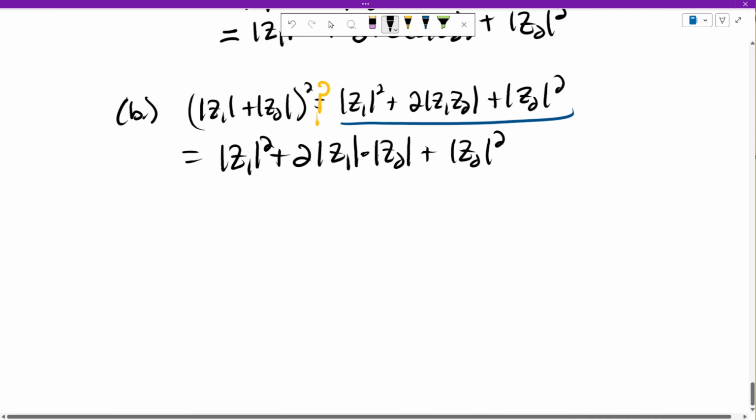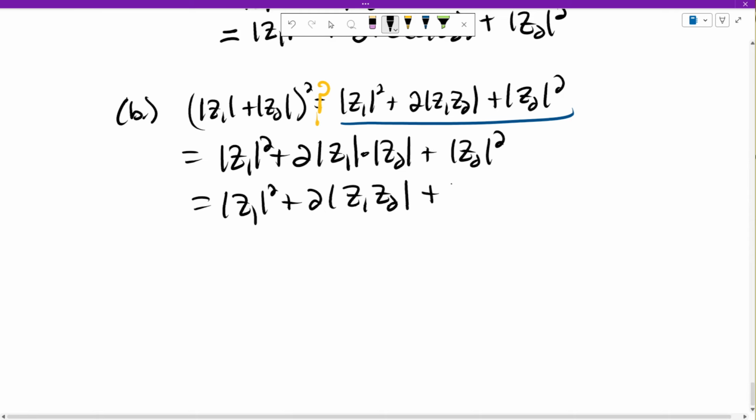But the modulus of a complex number plays nicely with multiplication, so this is twice the modulus of z1 times the modulus of z2, plus the modulus of z2 squared. Now we're going to combine these, and so we've achieved this step.